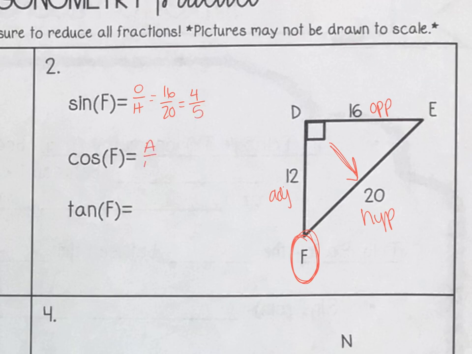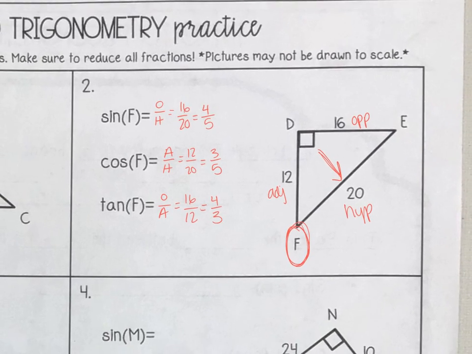Cosine, adjacent over hypotenuse. What are the numbers? 12 over 20, reduce it. And then opposite over adjacent. Reduce it. Beautiful.